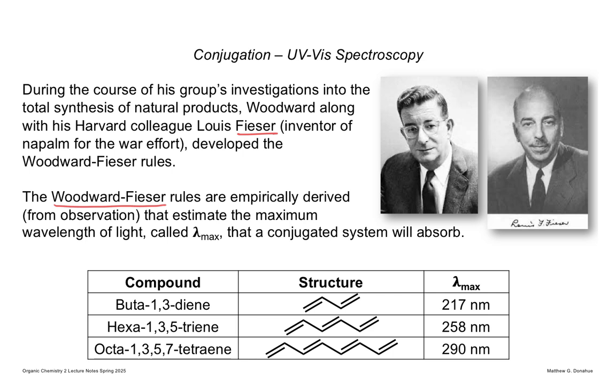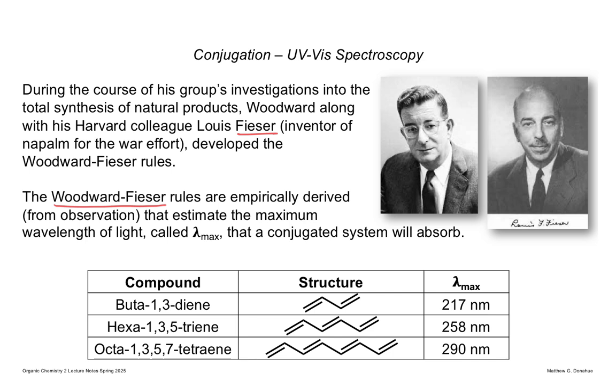Again, you know, at that point, sort of in history, scientists were recruited for war efforts and applied their research to that. But based on Woodward's interest in synthesizing natural molecules, he started to notice patterns in the molecules he was trying to synthesize.